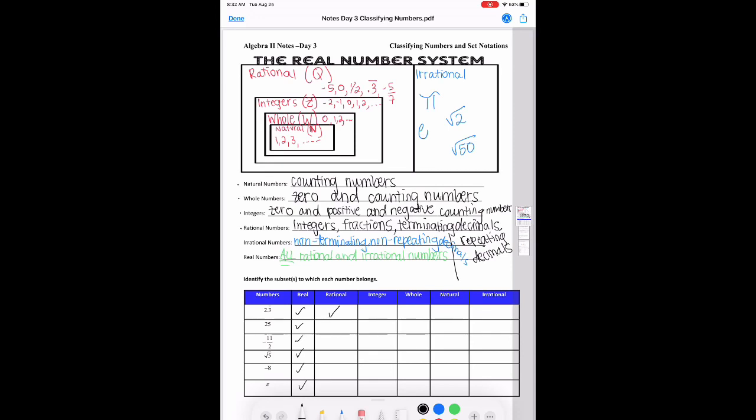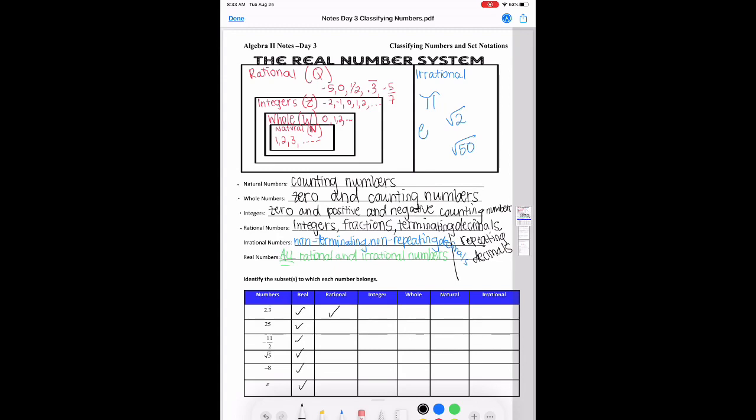All right, next one, 25. Well, 25, is it rational? Yes, it is. Okay, because remember, rational is pretty much every real number minus the irrational ones. We also know it is an integer. It is a whole number. It is a natural number.